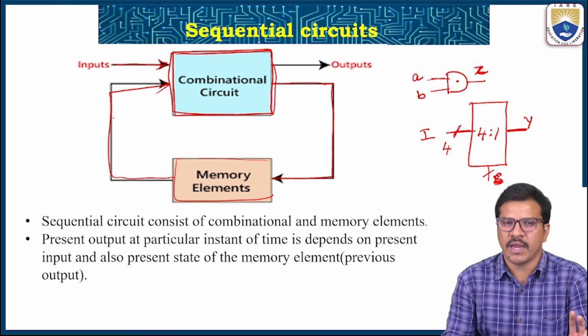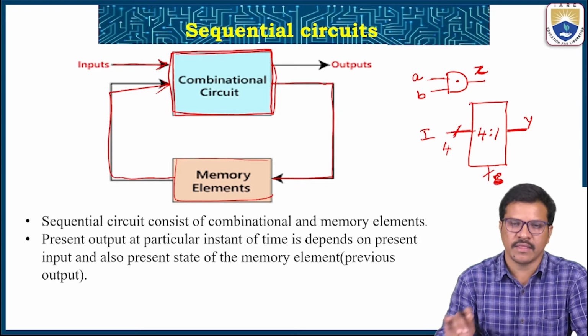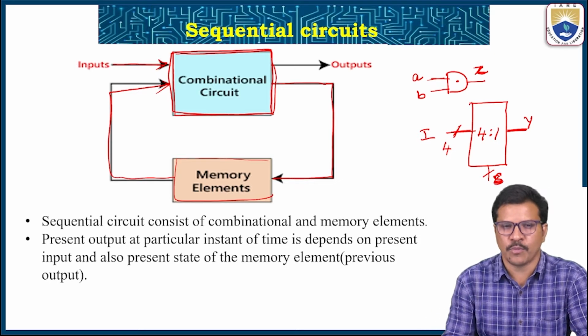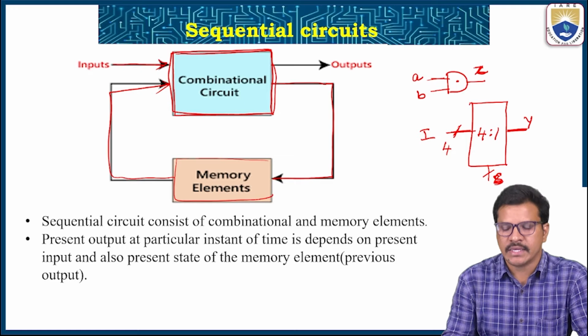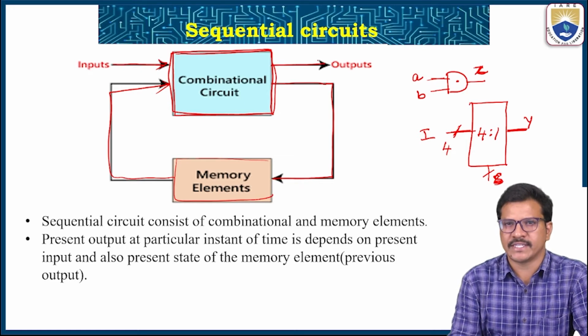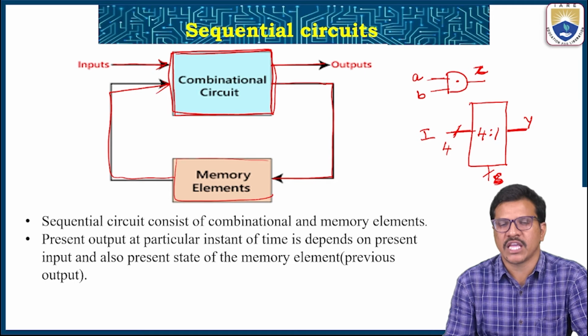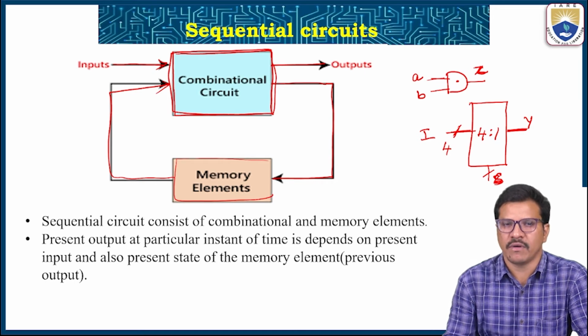So the inputs to the combinational circuits are the main external inputs and the previous output from the memory element. Then we can collect the output from this combinational circuit. Likewise, we can observe that a sequential circuit consists of combinational circuits and memory elements.